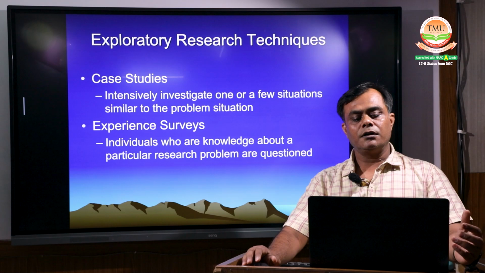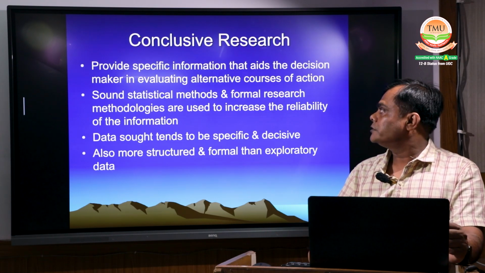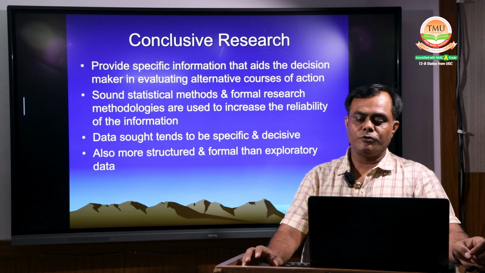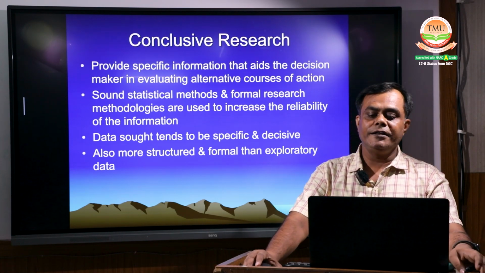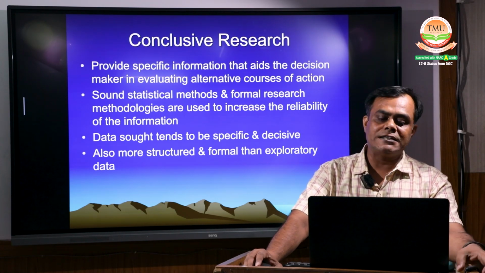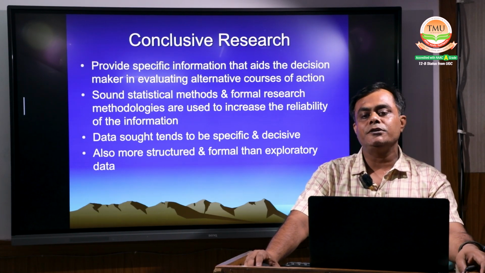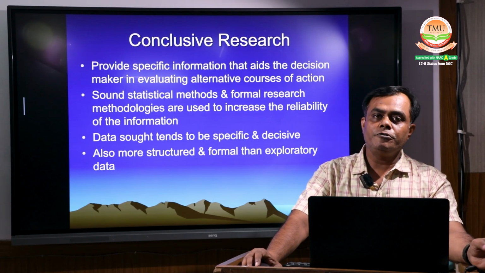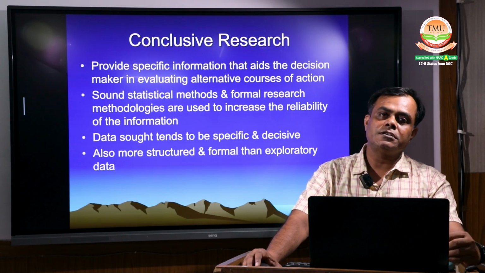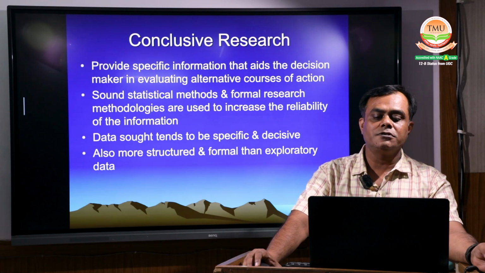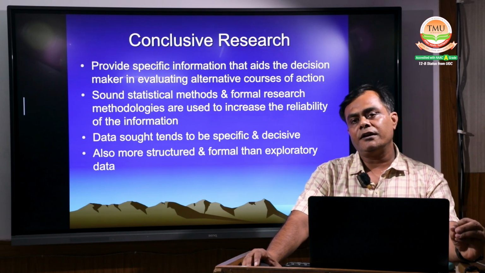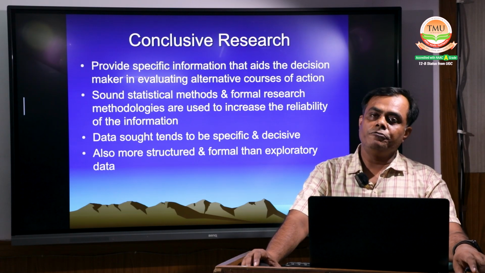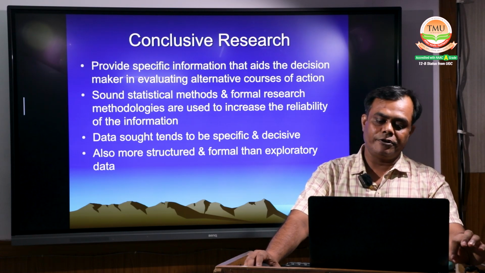Next is conclusive research. Conclusive research aims to provide a clear and definite answer to a specific research question by using a systematic and structured methodology. When we are using a systematic and structured methodology for clear, definite and specific research questions, we are using conclusive research.